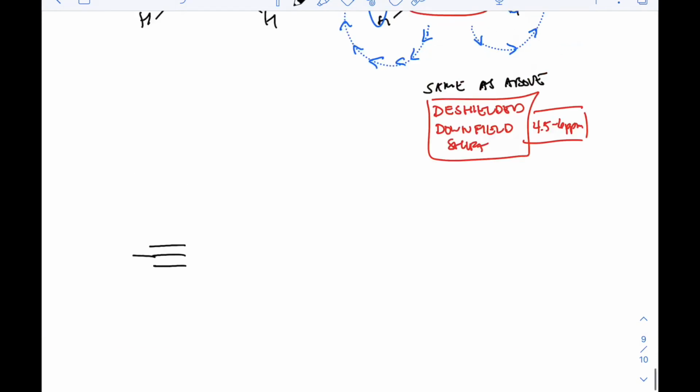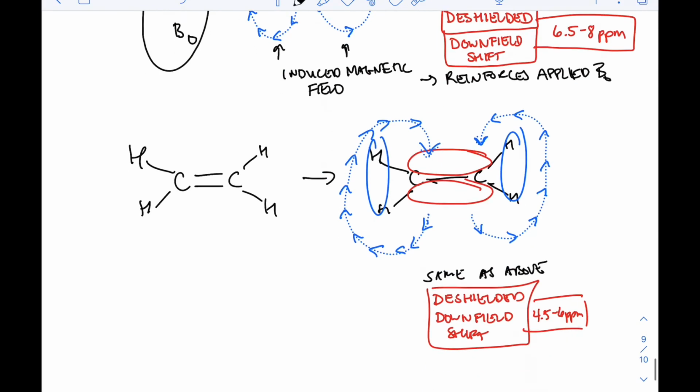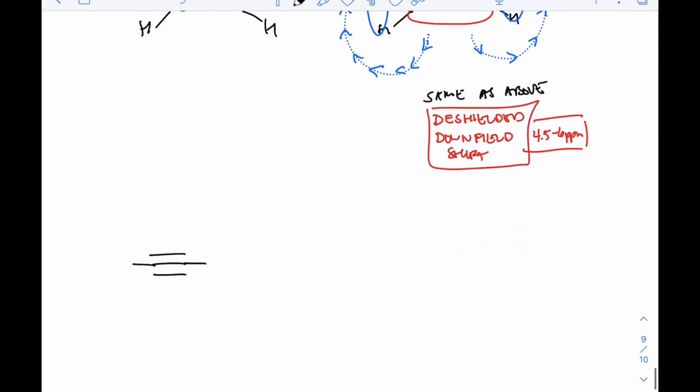And so for alkynes, however, it's actually a little bit different. Well, what did I draw up here for you guys? I drew a methyl there, and then we had a hydrogen, right?